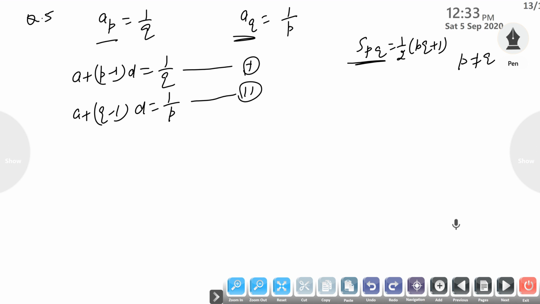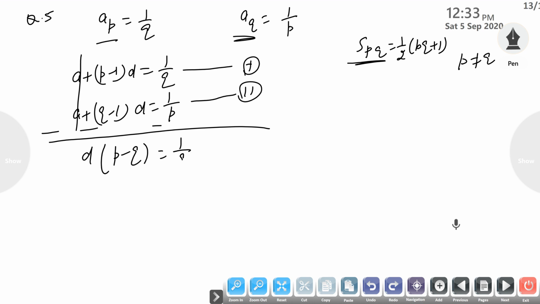Now subtracting equation 1 and 2, we get minus minus, and this is also minus, cancel out a, and taking d as common, we get p minus q, this is 1 by q minus 1 by p, taking pq as LCM, we get pq as LCM, p minus q. So d equals 1 by pq.